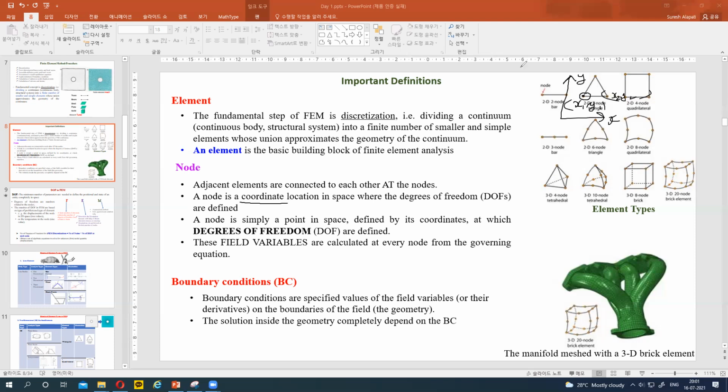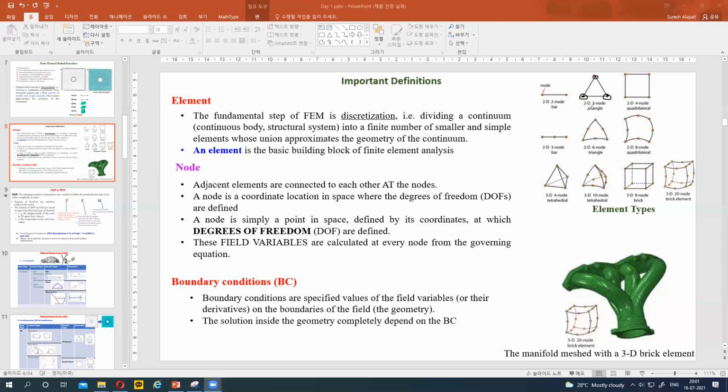We solve for the displacement at each node. We do not solve for the entire element. I mean, we do not solve the displacement here or here or here. Only at the nodes do we solve for the displacement. If you want to know the displacement inside, we just interpolate using shape functions.